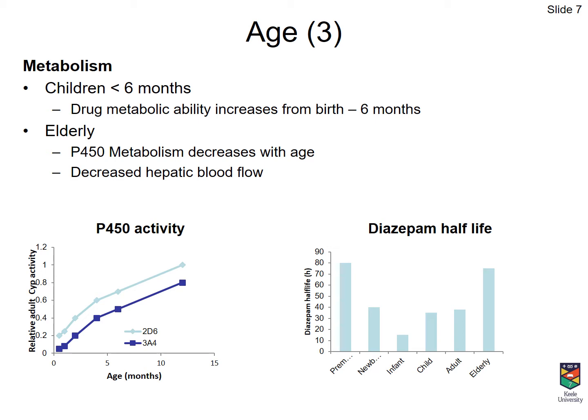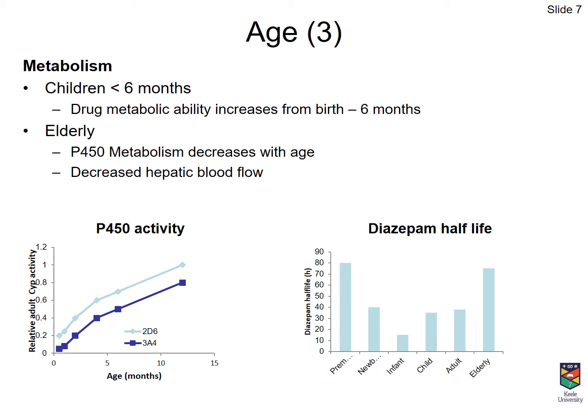You can see that both of these cytochromes increase their metabolic activity as the child ages, and so we'd expect that if a drug is given to a patient of a very young age, the drug will be metabolized more slowly, and as a consequence you'd end up with a higher drug concentration.